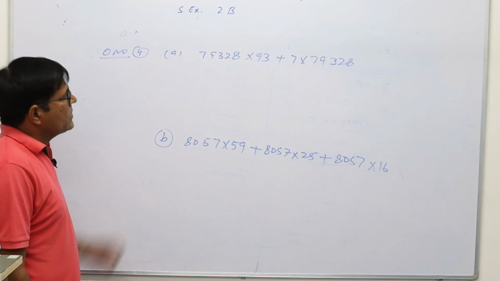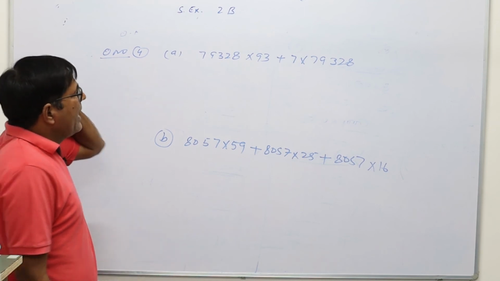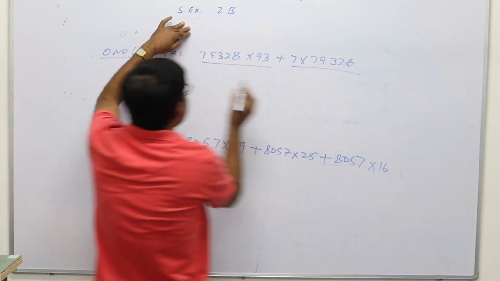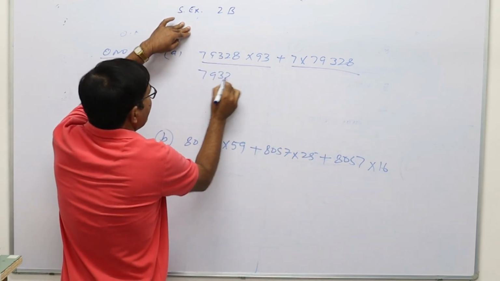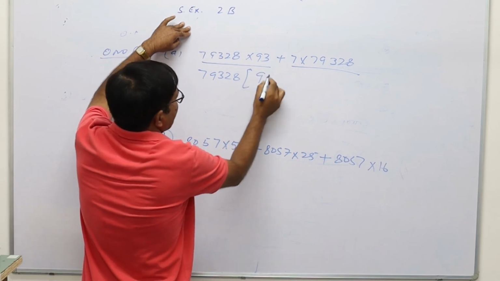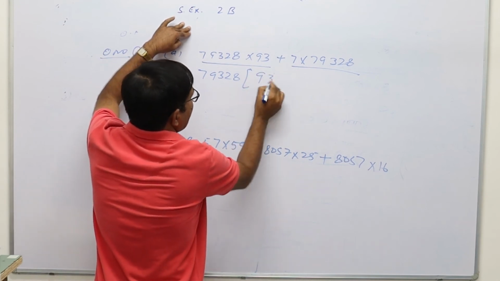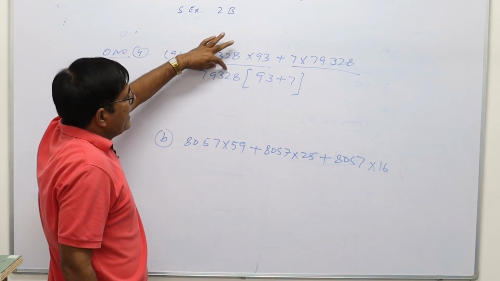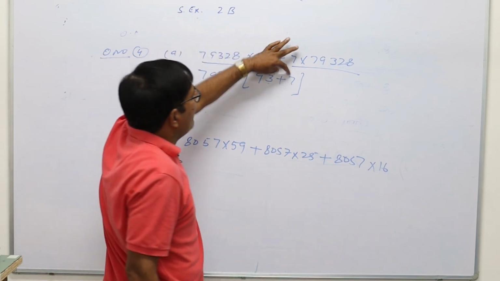Both the questions are based on multiplication over addition. In these two terms, if we take 79,328 as common, then it will be 93 plus 7, because multiplication is distributive over addition.